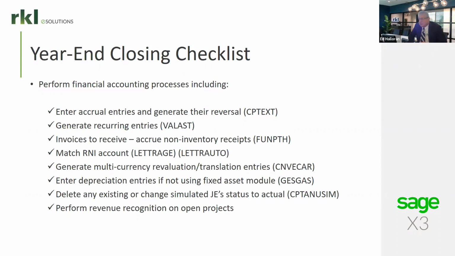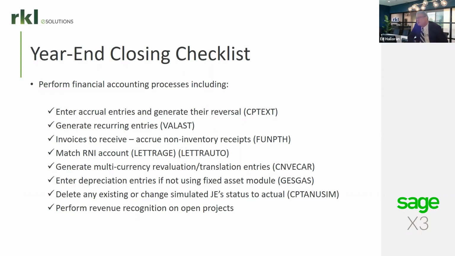You can enter your depreciation manually if you're not using the fixed assets module, and we'll talk about fixed assets in a moment. Delete any existing or change simulated journal entry status to actual. Most clients don't use the simulated journal entries, but we do use them.